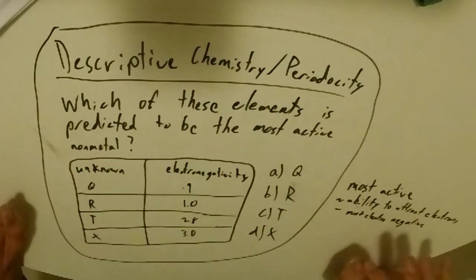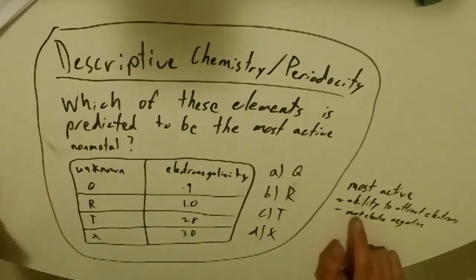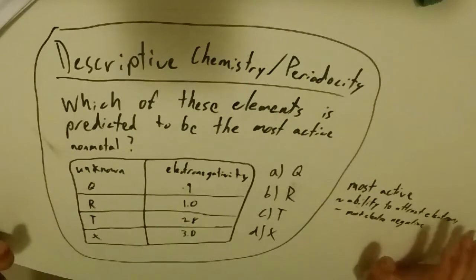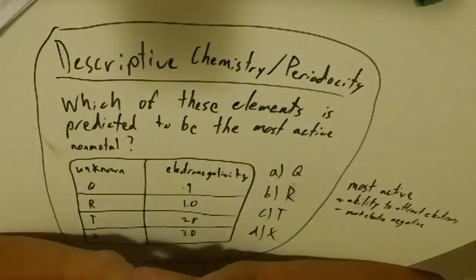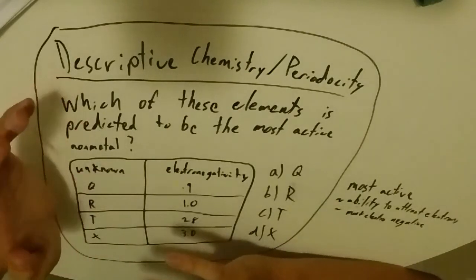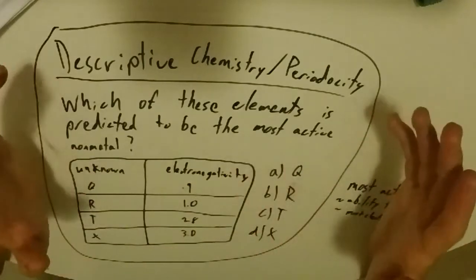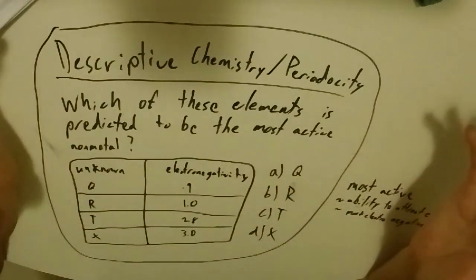So the key thing with this question is you need to know that the ability to attract electrons together, that's electronegativity. And you also need to know that the more electronegative also translates as the most active.